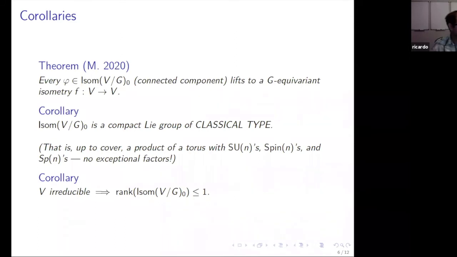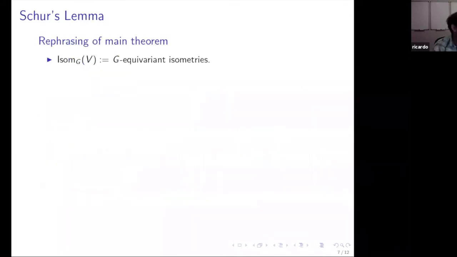Okay, so now let me move on to Schur's lemma. I want to understand more explicitly how I can actually compute the isometry group of the spherical quotient. First, let me rephrase the main theorem in the following way. Let's denote Isom_G(V) as the set of G-equivariant isometries. This is the centralizer of G in O(V).